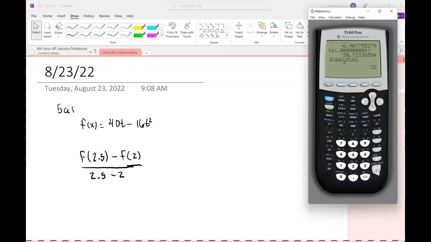Blake? So on section 2.2, question number 5, just in general. Okay, let me take a look. I was able to get A, B, and I believe C, but I don't really get how to do the rest. I could get a couple of them, but I couldn't get all of them.